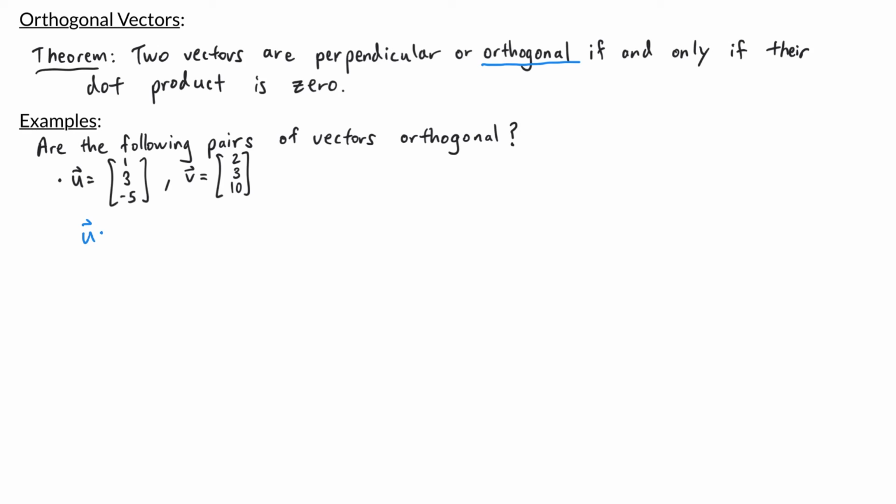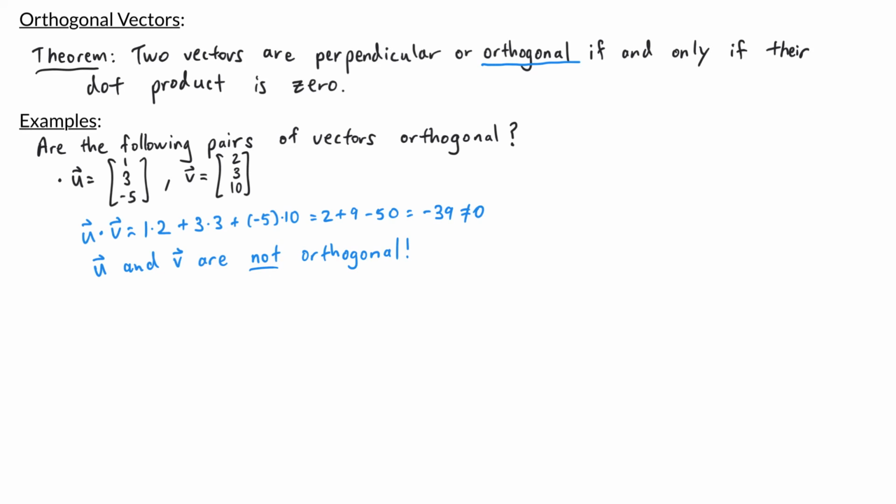So u dot v is the product of the first entries, that's 1 times 2, plus the product of the second entries, 3 times 3, plus the product of the last entries, negative 5 times 10. This gives me 2 plus 9 minus 50, or negative 39, which is not 0. So we can conclude that u and v are not orthogonal.